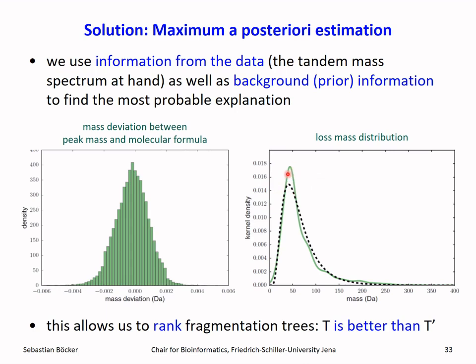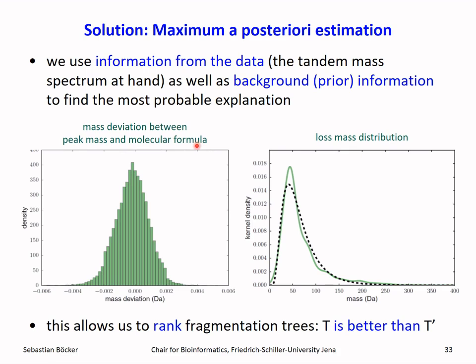If you look through fragmentation spectra, losses often have a mass around 60 Dalton. And then the very large losses get fewer and fewer, also because there are fewer and fewer precursors which actually have this mass. Something that you can derive from the data is that the mass deviation has roughly a normal distribution. So the difference, the mass deviation between the peak mass and the molecular formula explaining it.